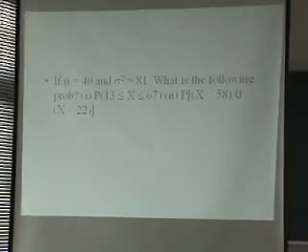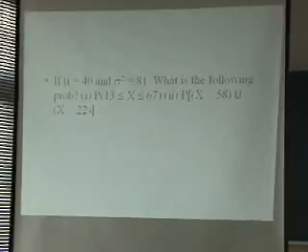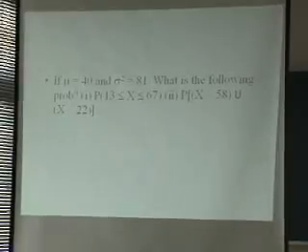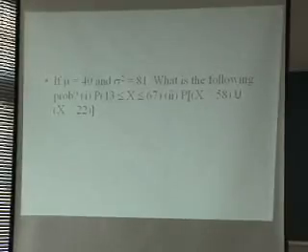So 67 minus 40, how much is that? 27, right? 13 minus 40, how much is that? Negative 27. And 27 is equal to how much times 9? 3 times 9, right?